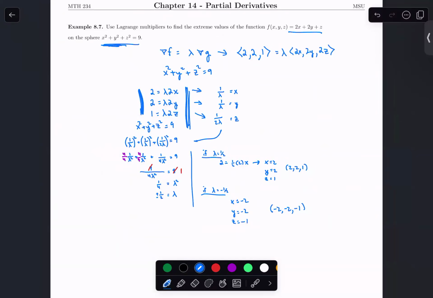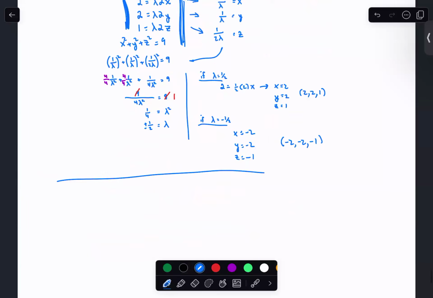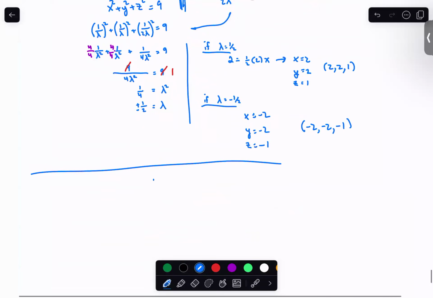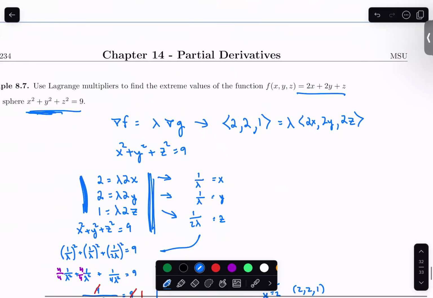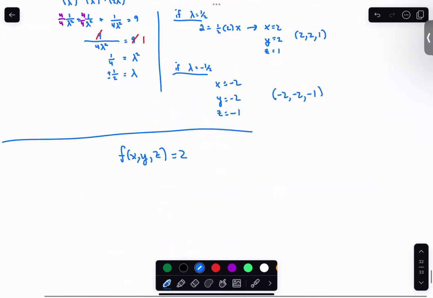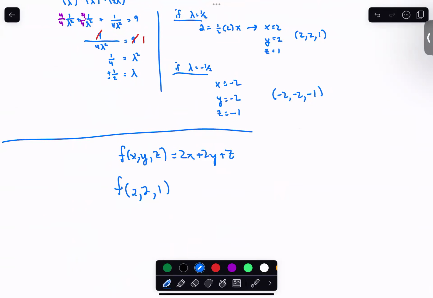All right, so the last thing is, these are our points of interest. What happens when we plug them into our function? Let me write it down here again so I'm not scrolling back and forth a bunch: 2x plus 2y plus z. So when I plug in (2, 2, 1), I'm going to have 4 plus 4 plus 1, which is 9.